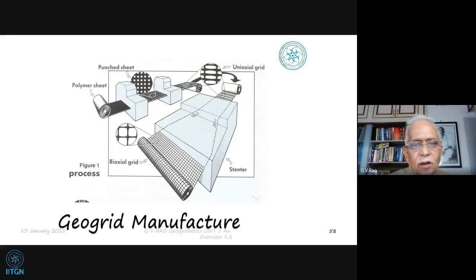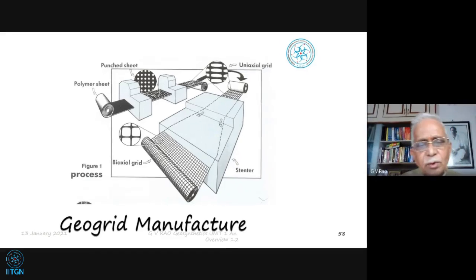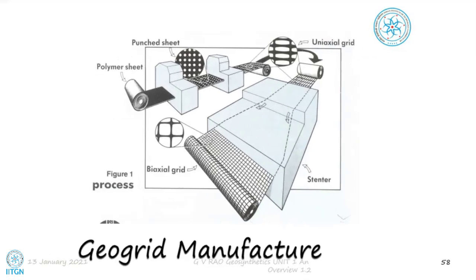So the Tensar Corporation, the Netlon company, which invented this in the UK, has actually done extensive work throughout the world. We'll describe that as we keep going. And this resulted in its multiple use in retaining walls, in retaining slopes, in pavements, and many applications. Because they did the initial research on what kind of polymer is going to be used, they also studied what kind of apertures there should be, the shape of them, and the process.